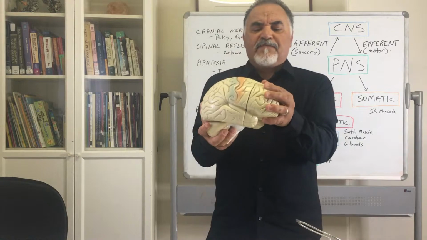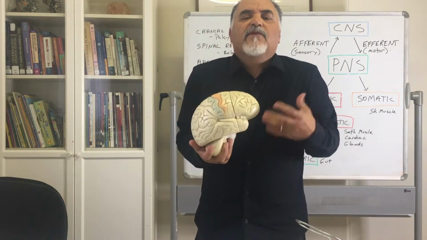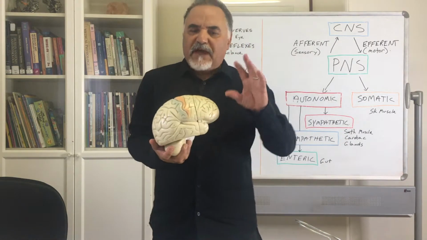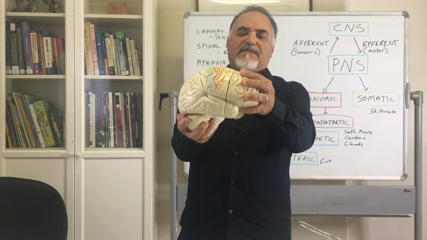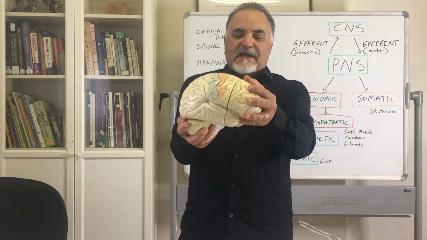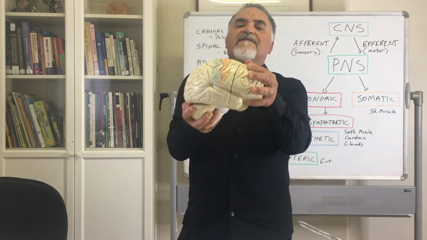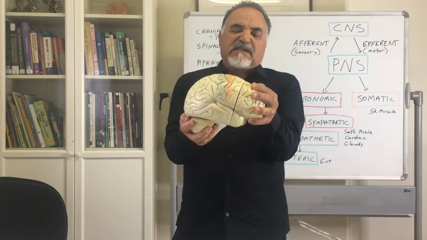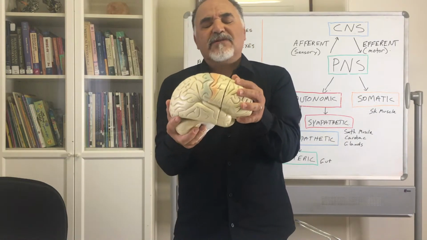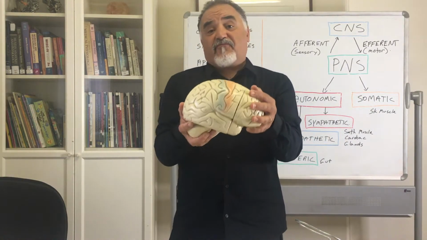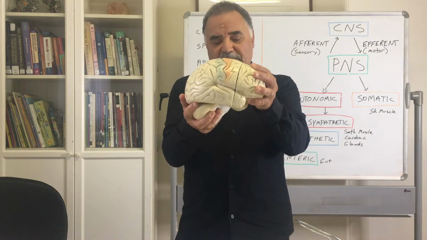Towards the front of the brain, we have a number of cortexes. Very quickly, where my hand is, to the front in the anterior section, is the frontal cortex. This is the cortex where cognition and decision making really happen.